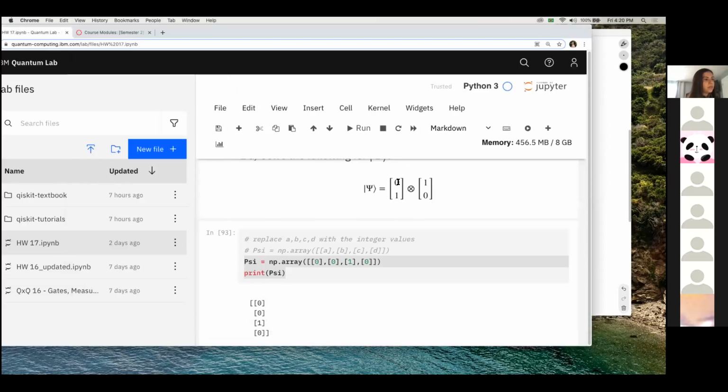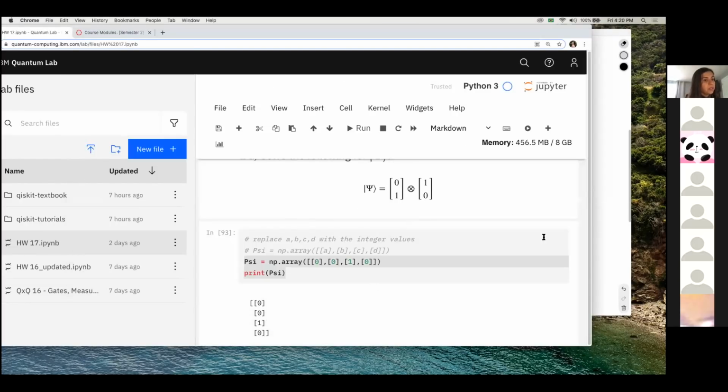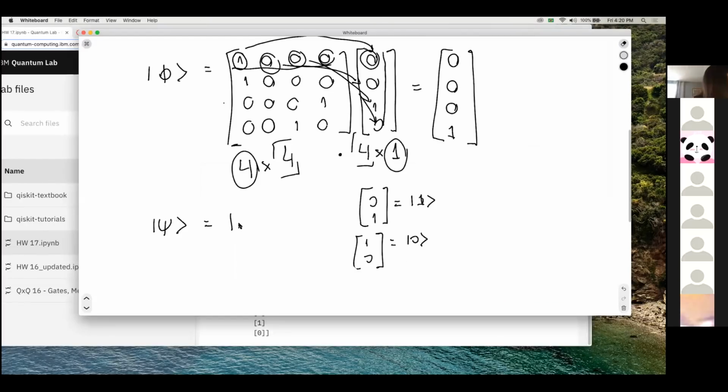You see, it was 0, 1, 1, 0. I'm sorry, I did it wrong. I'm super sorry about confusing you. It's my mistake. This is 0, 1, 1, 0. It's this state here.